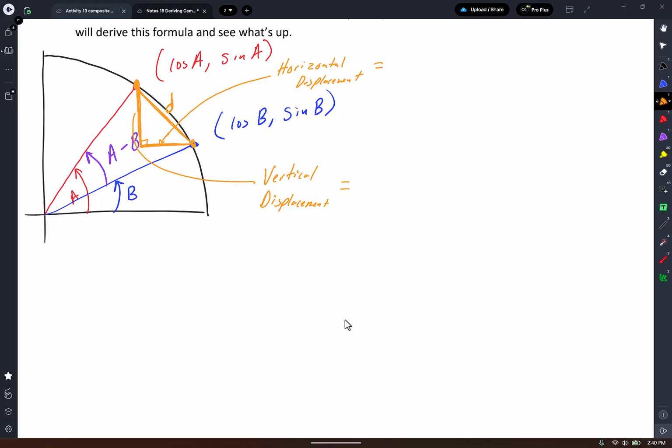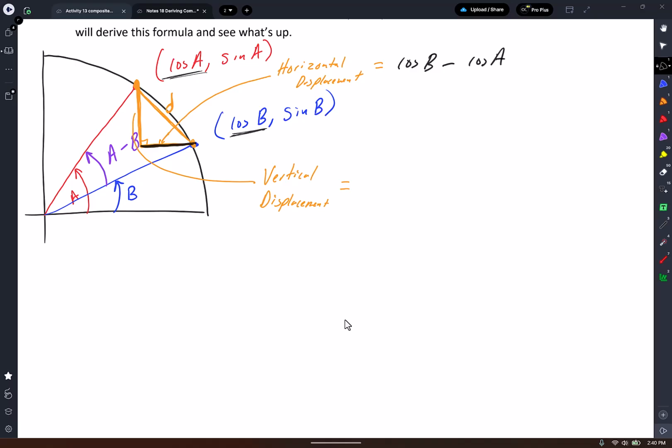So the horizontal displacement is cosine B minus cosine A. Are we okay with that statement?